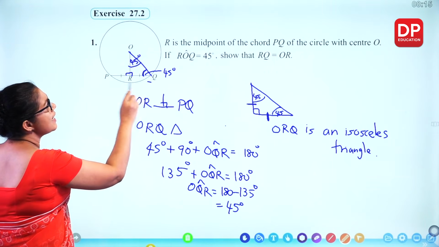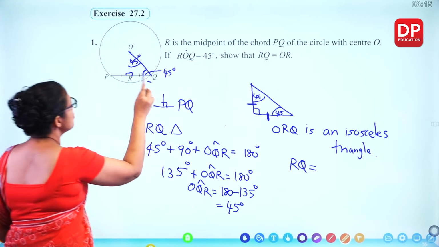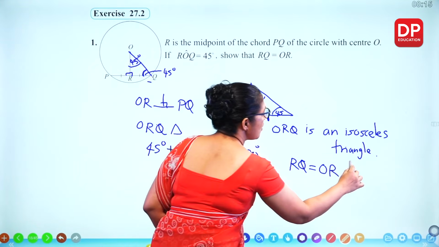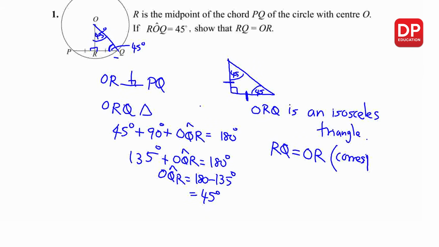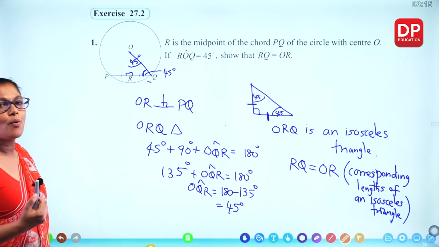So we can say QR or RQ is equal to OR because corresponding lengths of an isosceles triangle. So that's what you need to prove. RQ is equal to OR.